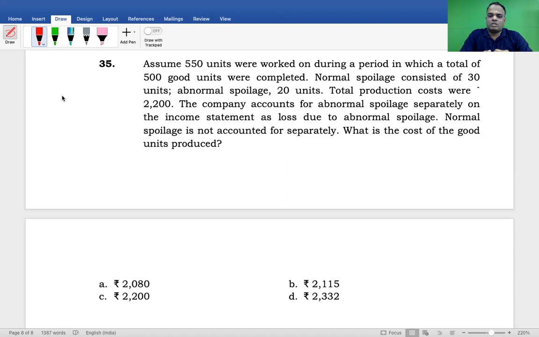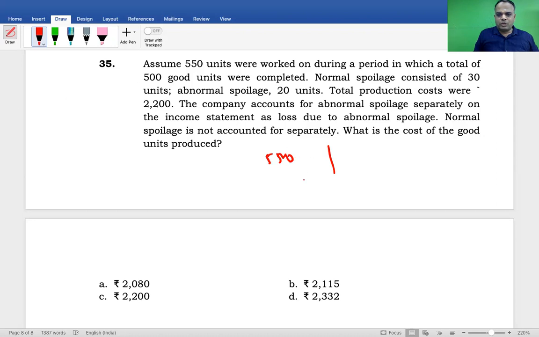What is the cost of goods produced? Find the cost of good units produced. How to identify? You can prepare the tabular method, input and output only. Input: 550 units, cost of the input 2,200.